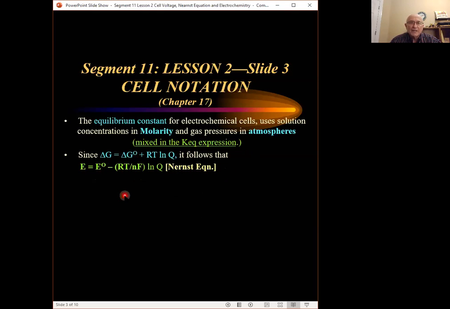Plug those values in, and we can get this expression. This is called the Nernst equation. It gives us the voltage we would get if we change the concentrations.